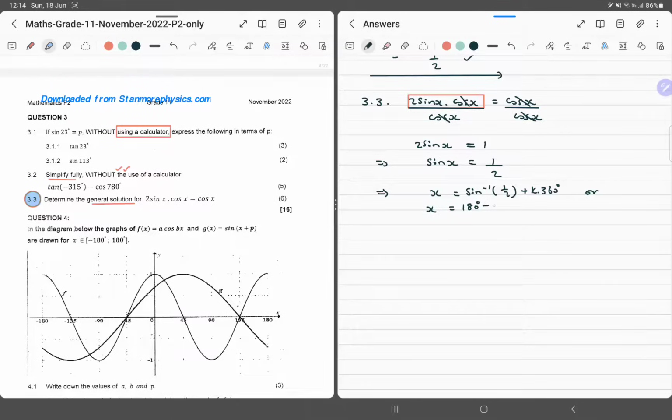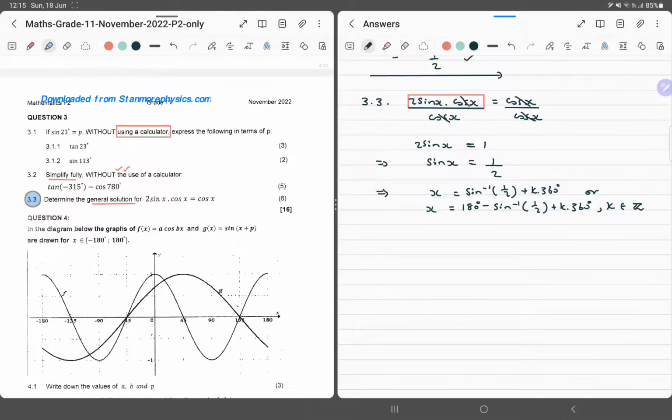For sine, you consider two solutions: 180 minus arc sine of a half plus k times 360 degrees, where k is an element of integers. Okay, that is the story.